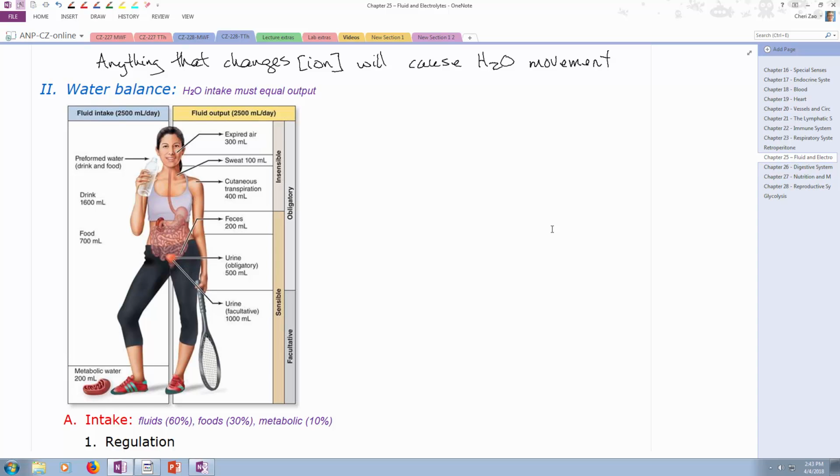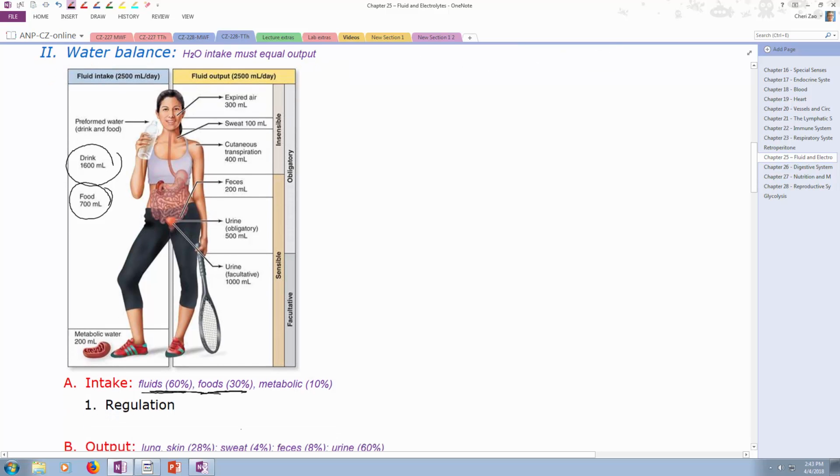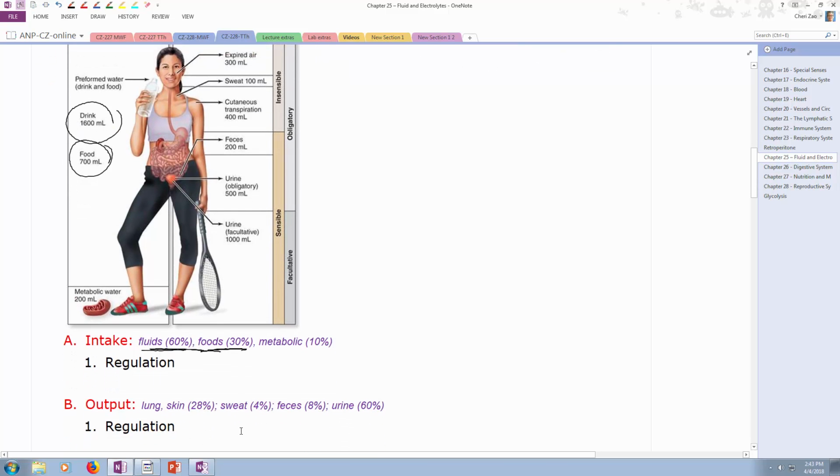Okay, most of our intake for fluid will be in the form of liquid or drink, and down here we have about 60%. And then we have fluid in our foods. Our foods taste terrible when they are dehydrated and not rehydrated. So 30% of our fluid intake is via the food. And then we also have what is called metabolic water. And metabolic water is that which we get from chemical reactions.